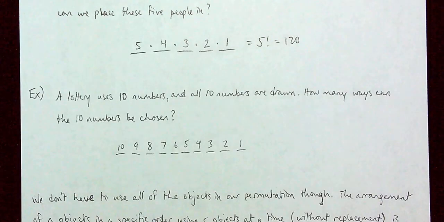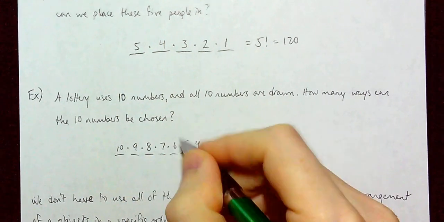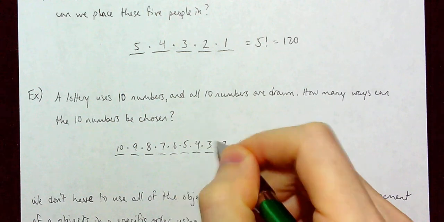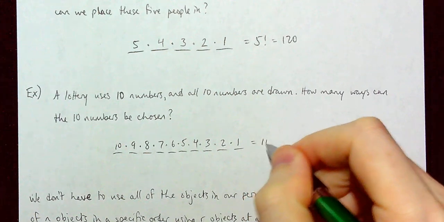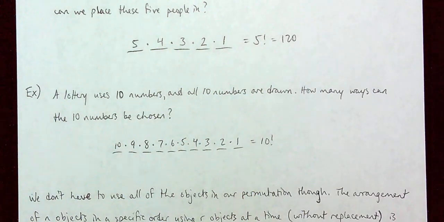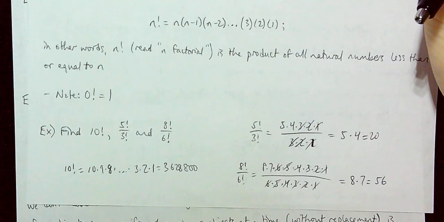As we pick a ball out and set it off to the side, there's one less possible number for the next draw. So the number of possible outcomes for drawing these 10 numbers is going to be 10 factorial, which we saw was 3,628,800.